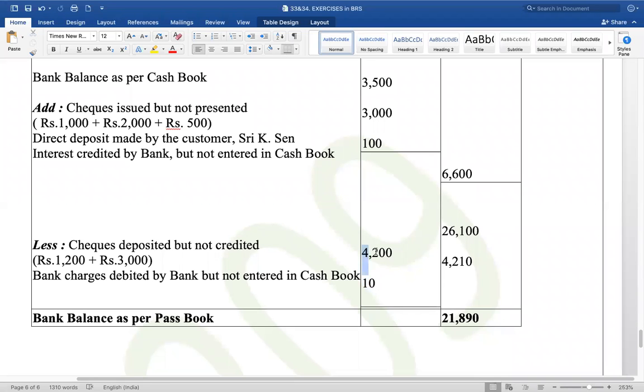So 4,200 plus 10 rupees, 4,210, has to be deducted. I'm putting it in brackets indicating it's to be deducted. From 26,100, you get 21,890, which is the bank balance as per passbook. That's it. This is your solution.